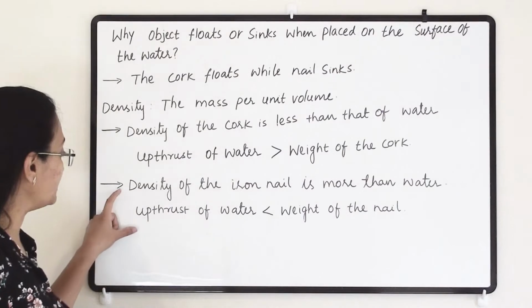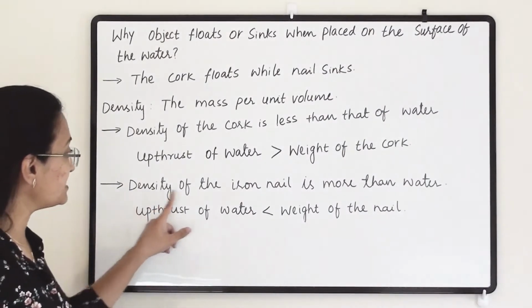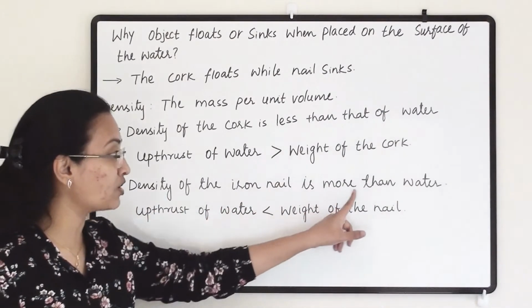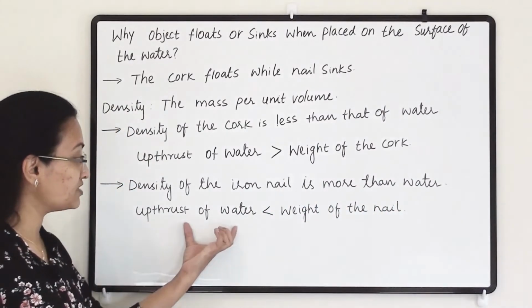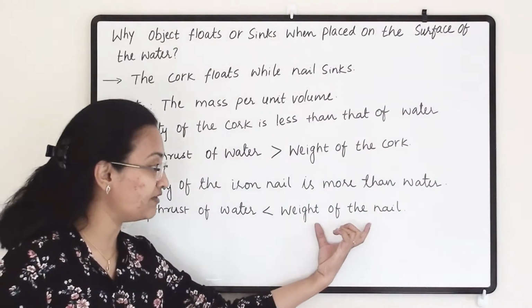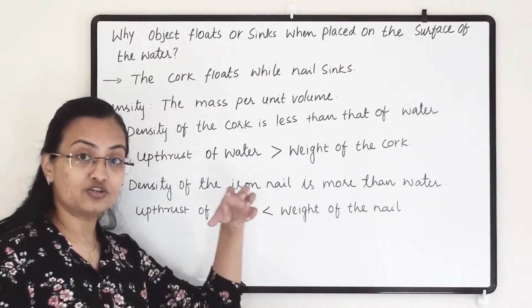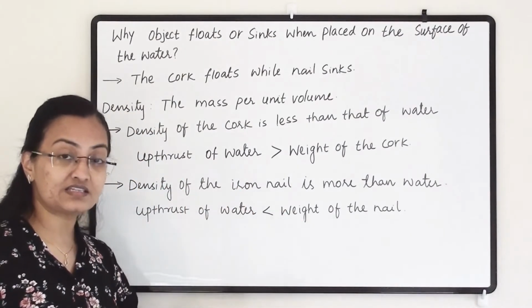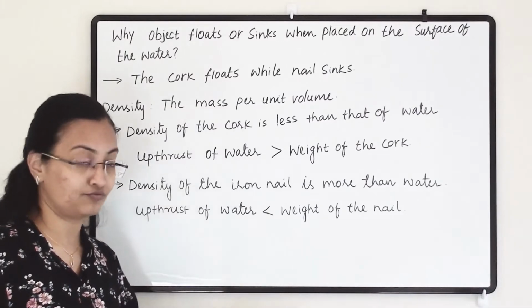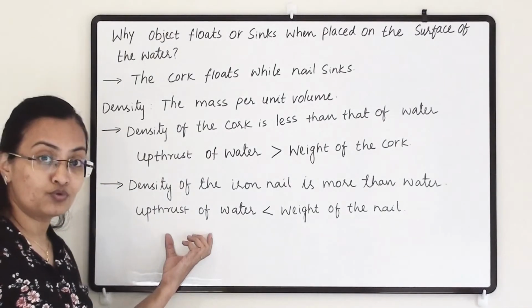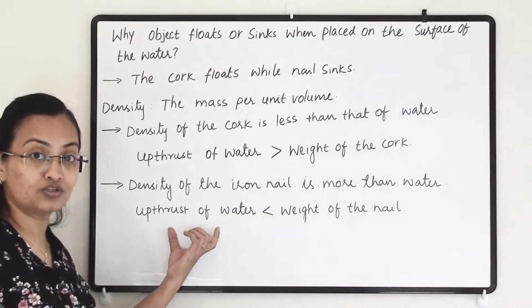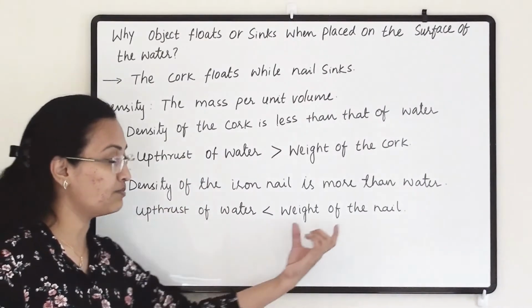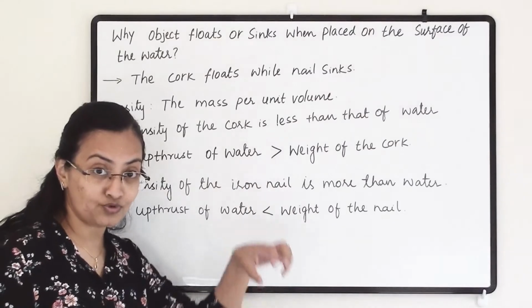Now what will happen in the case of the nail? The density of the iron nail is more than that of the water. So because of that, the upthrust of water will be less compared to the weight of the nail. The weight of the nail is pulling it downward because of the gravitational force, but the upthrust force is pushing it upward. But here the upthrust force or the buoyant force is lesser compared to the force which is pushing it down.